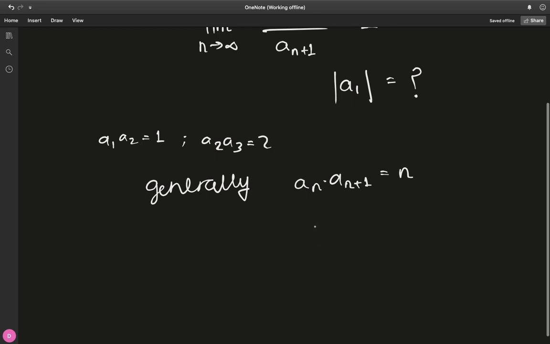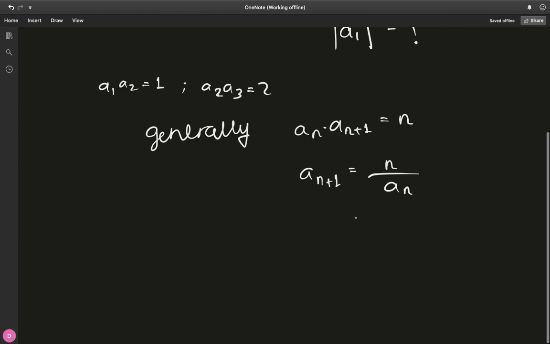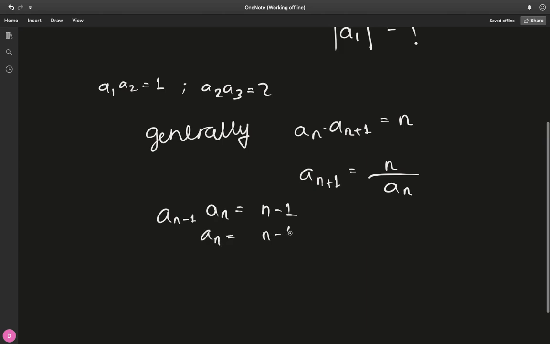So this means a sub n plus 1 is equal to n divided by a sub n, and then we can do a similar treatment for a sub n also. So a sub n minus 1 times a sub n is equal to n minus 1, because this is holding true for two consecutive values of this sequence. So a sub n can be substituted as n minus 1 divided by a sub n minus 1.